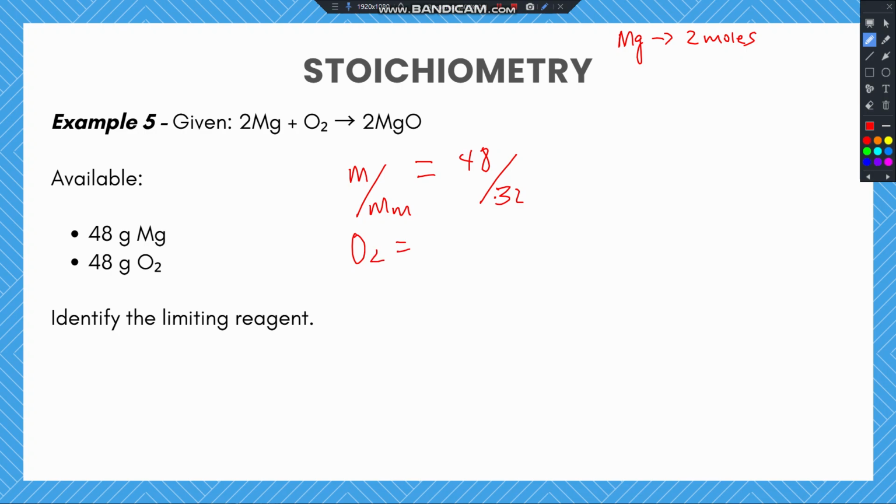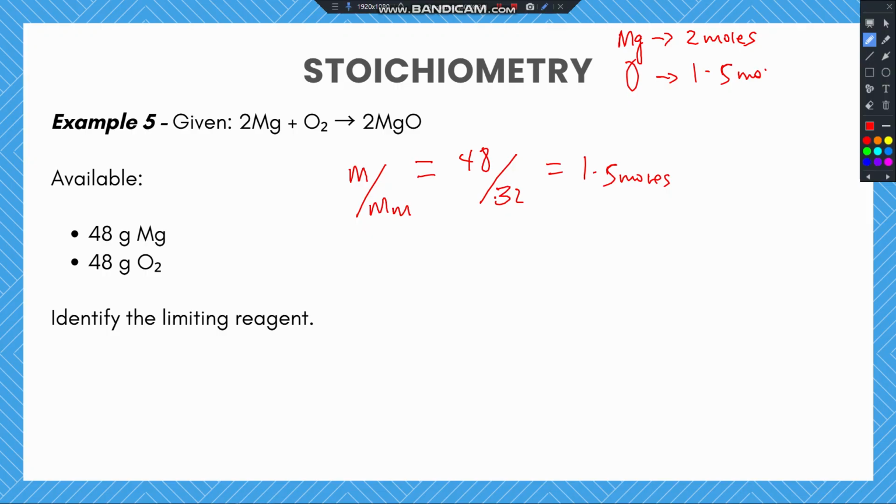O2 is given as 16 times 2. So 48 divided by 32. That's 1.5. So I have 1.5 moles of oxygen.